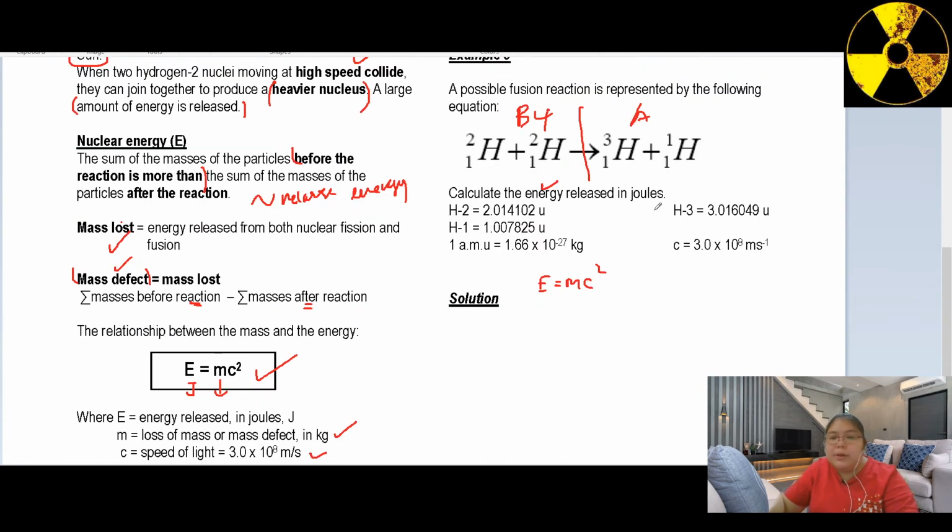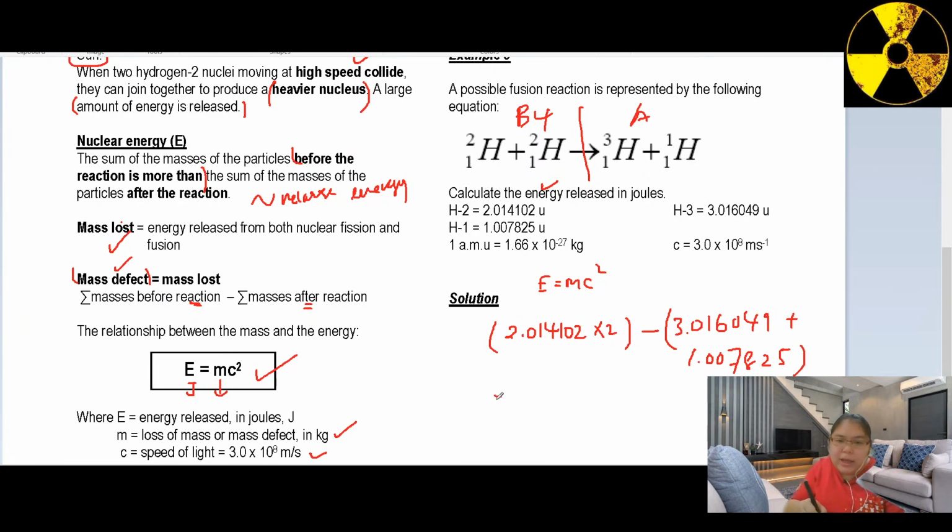So that means you take the first one, deuterium H2, 2.014102 times 2 first, because you got 2. Then you need to minus 3.016049 plus another one, 1.007825. Okay, your answer must be in U.